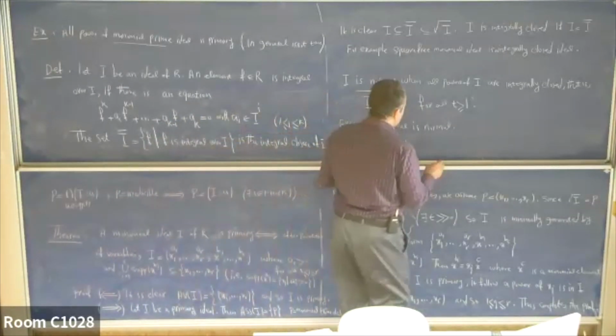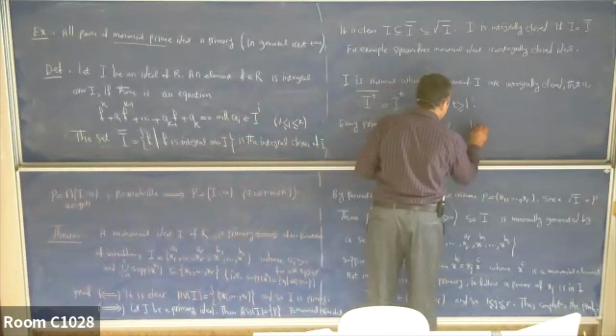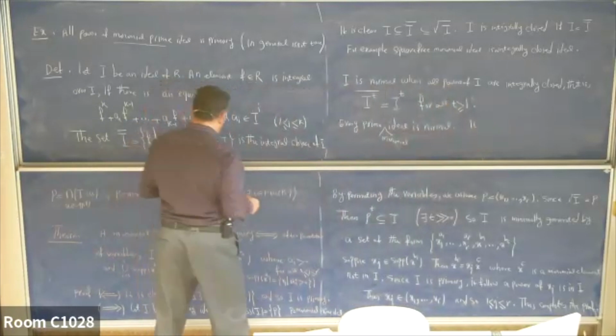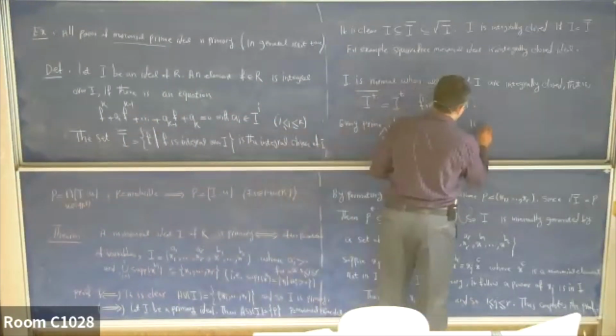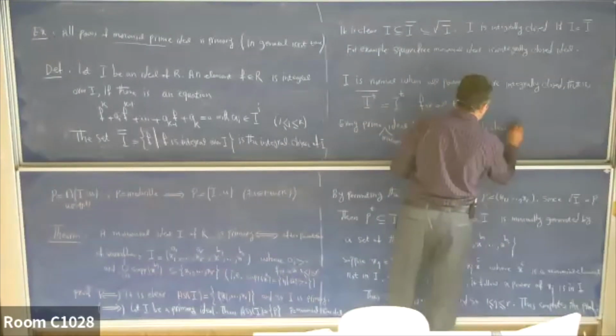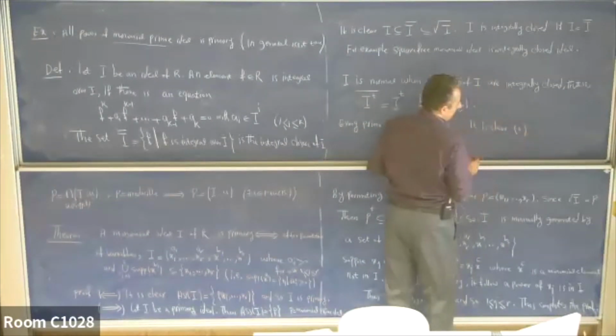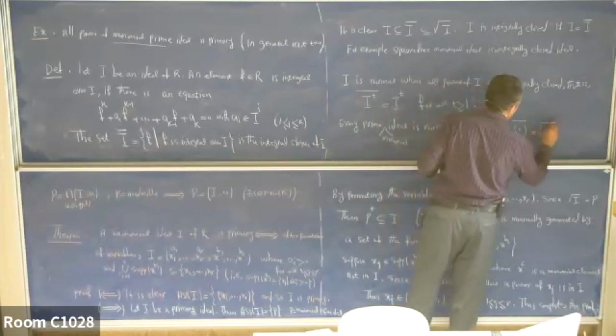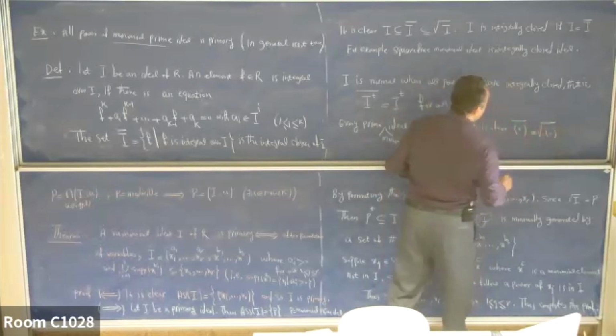And it's clear when we look at the equations that the integral closure of the 0 ideal is equal to the radical of 0.